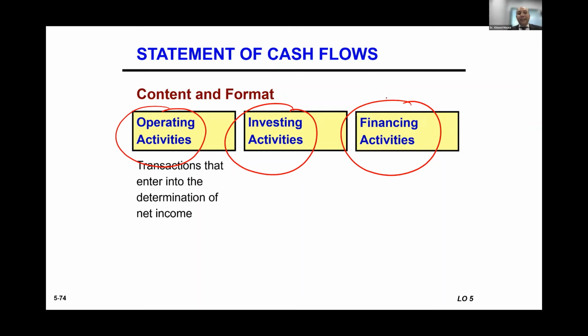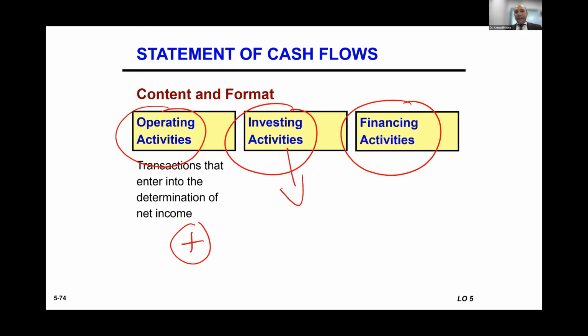Operating activities are the most important one, and they should have a positive cash flow, because if it is positive, that means you are working very well. You're generating positive cash flow from your operations, so your business is growing.